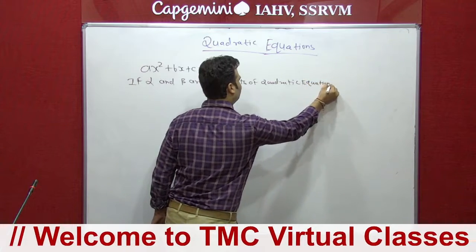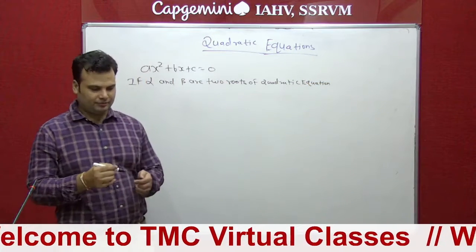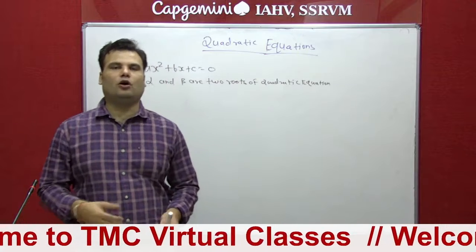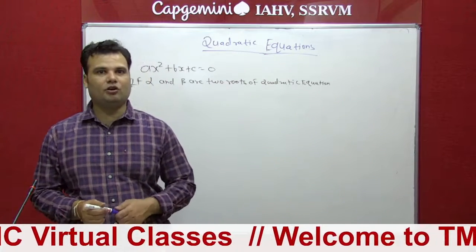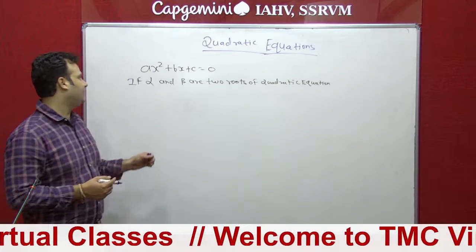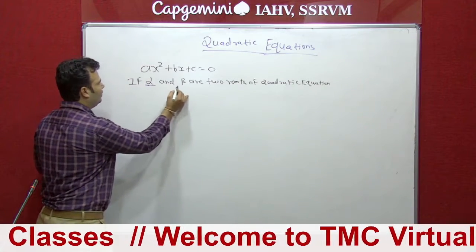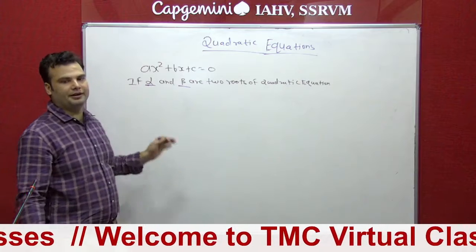Always there are two values whenever we solve any quadratic equation, either by formula method, completing square method or factorization method. So that time we always get two values. So we can take alpha and beta as the two roots of the quadratic equation.